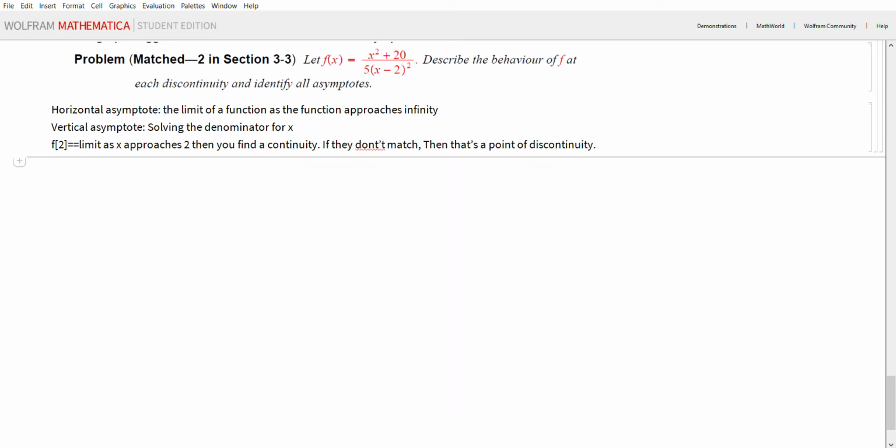So now let's go ahead and work on this example. It says let f of x be a function, describe the behavior of f at each discontinuity and identify all asymptotes.